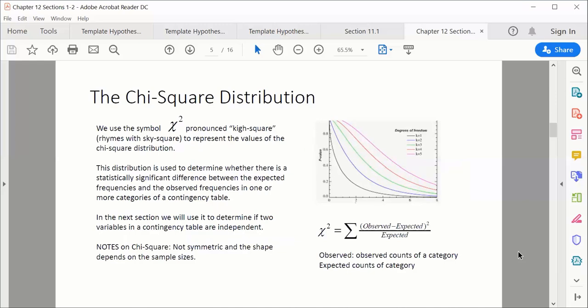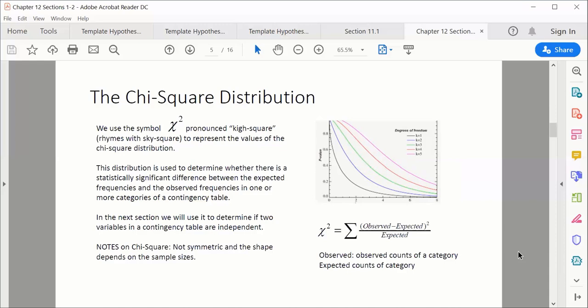It's used to determine whether there's a statistically significant difference between the expected frequencies and the observed frequencies in one or more categories of a contingency table. So are things as expected or not? In the next section, we're going to use it to determine if two variables in a contingency table are independent. But right now, we're looking at, are two different models the same?